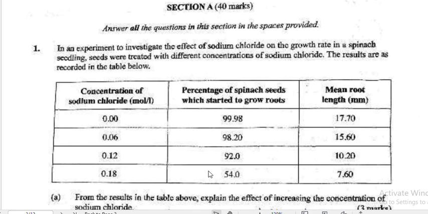You can see the percentage which started to grow roots is decreasing with increase in concentration of sodium chloride. Then mean root length: 17.70, 15.60, 10.20, 7.60. As you can also see, the mean root length is decreasing when the concentration of sodium chloride is being increased.